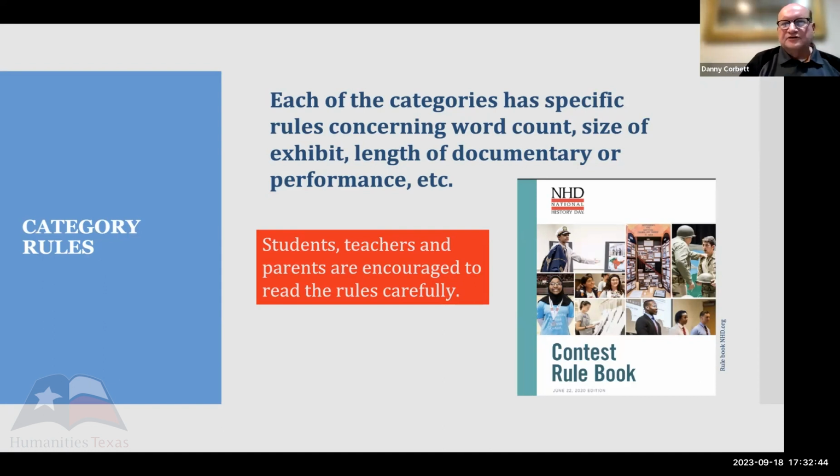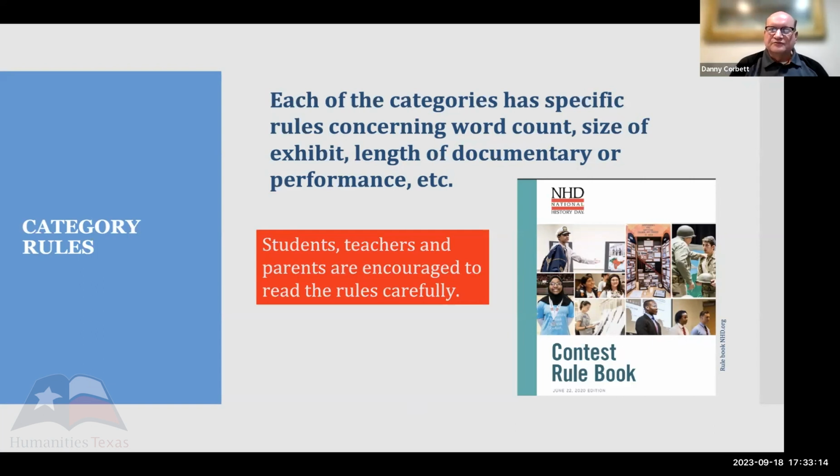Okay, so each of the categories has specific rules, and the rule book you can find in the Google Classroom there, and the rules kind of level the playing field, so all of the students are working under the same parameters. So the contest is not about rules, but we have to have rules, obviously, to keep a level playing field and so forth.